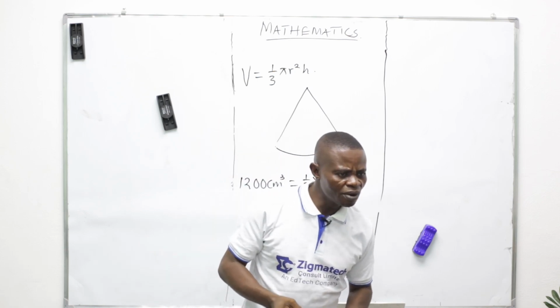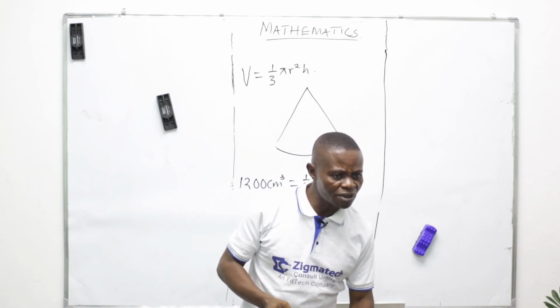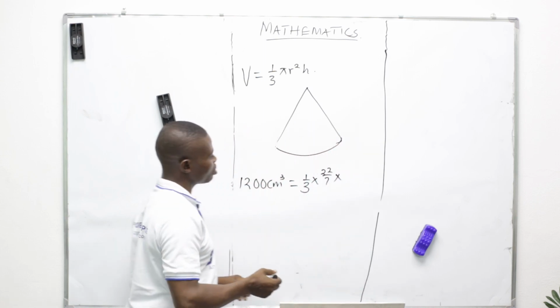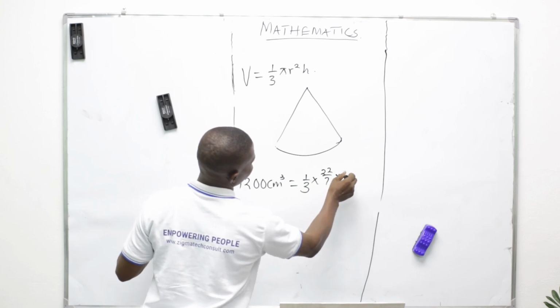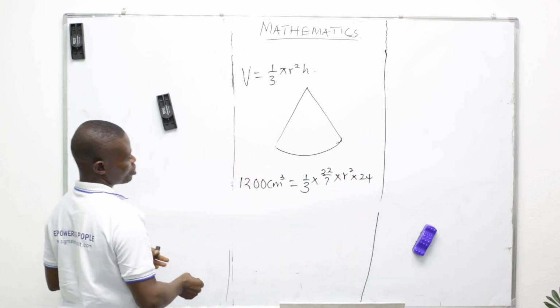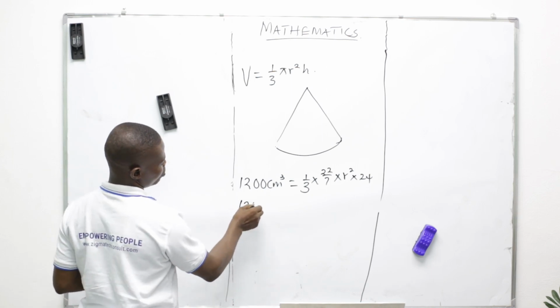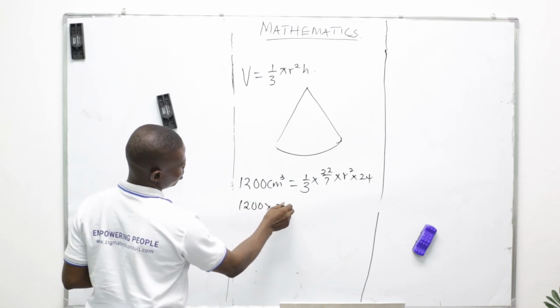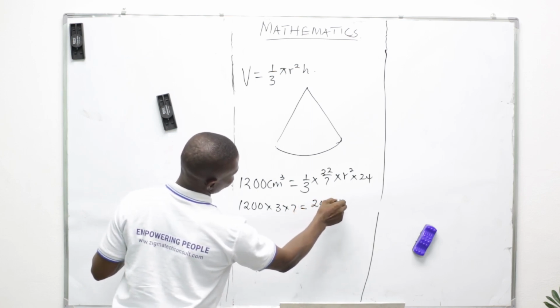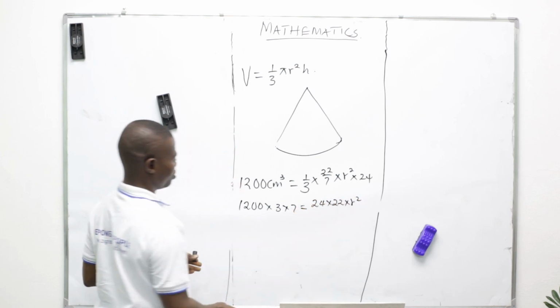And if we have a height of 24 cm, there is no radius given to us. Indirectly, they are telling you to find the radius of the cone. So what next? 1,200 multiplied by 3 multiplied by 7 equals 24 times 22 times r squared.